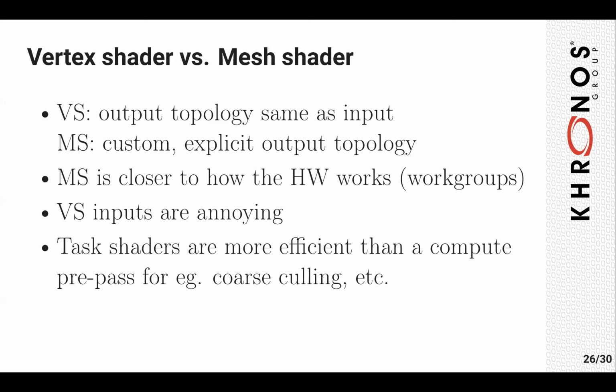So you can change it, but you can also just create anything that you want. And of course, due to how the mesh shaders are organized into workgroups, the programming model is closer to how the hardware actually works. It gets rid of the inputs. And of course, if you are willing to write a task shader, those are more efficient than what you would get by writing a compute prepass with a vertex shader-based pipeline.